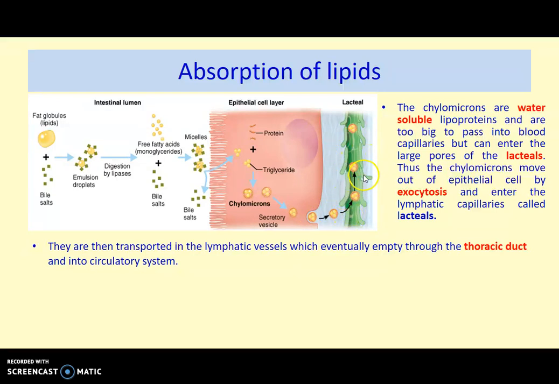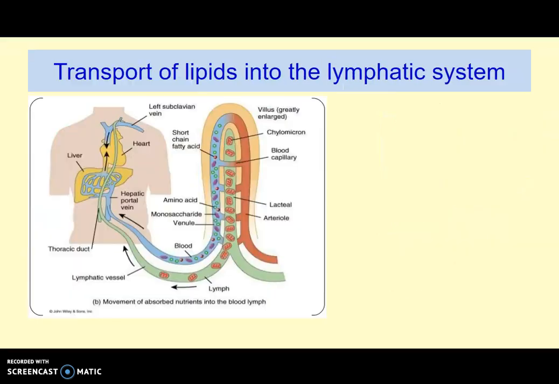These lacteals are part of the lymphatic system in the middle of a villus, and they will flow into there. They're then transported in the lymphatic vessels, which end up at the thoracic duct, a little duct that goes from the lymphatic system into a vein up near the heart. They're then put into the blood.